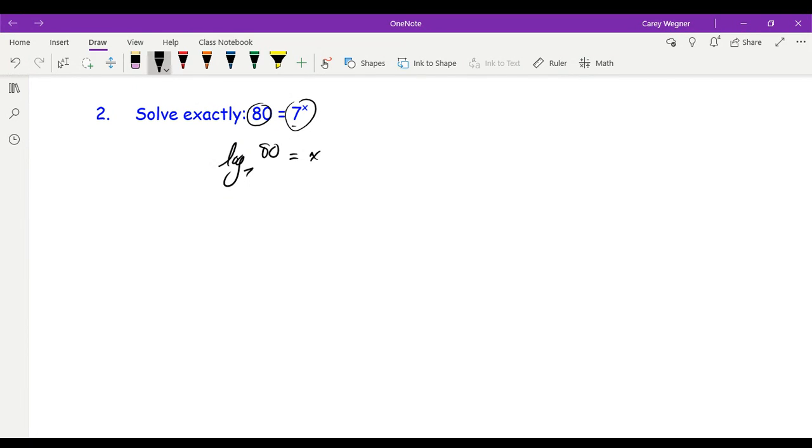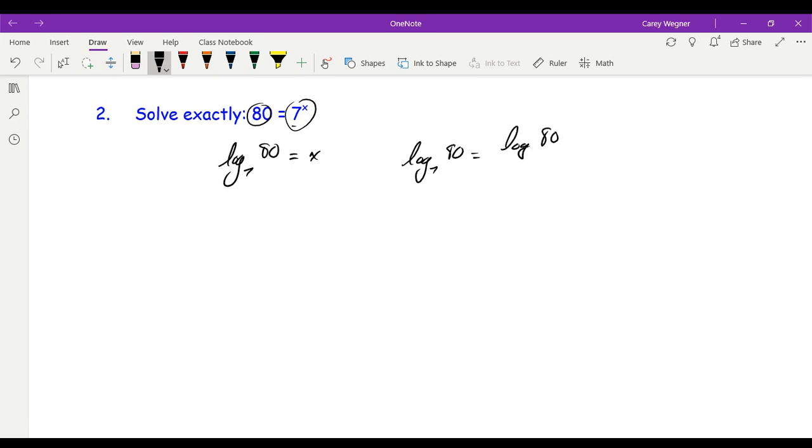We may be asked to evaluate this, in which case we would want to get out our calculators. And if you figured out how to evaluate logarithms in different bases, you can type it in just like this. Otherwise, if your calculator can't work in different bases, then we can rewrite this as the log base 10 of 80.